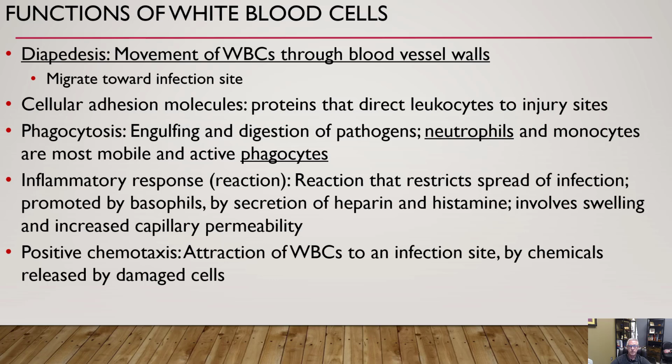White blood cells are involved in the inflammatory response. It's a reaction that restricts the spread of infection promoted by basophils. Remember, basophils secrete heparin and histamine, and this involves swelling and increased capillary permeability. Basophils are recruited to the site of inflammation. And remember, basophils are granulocytes.